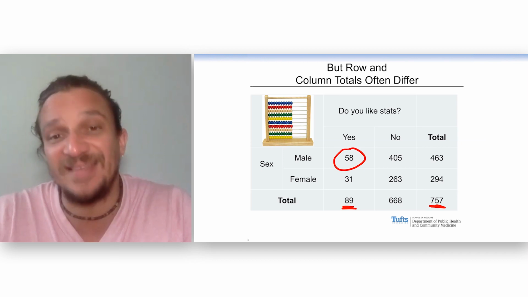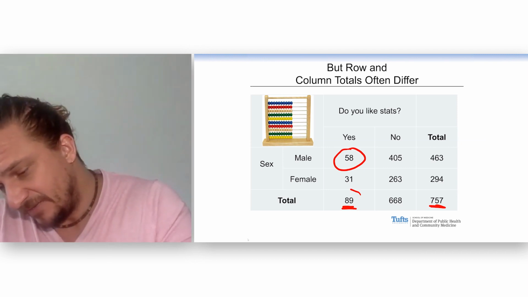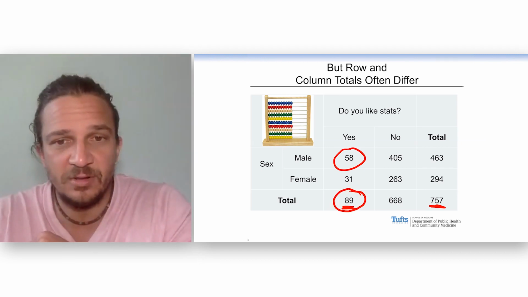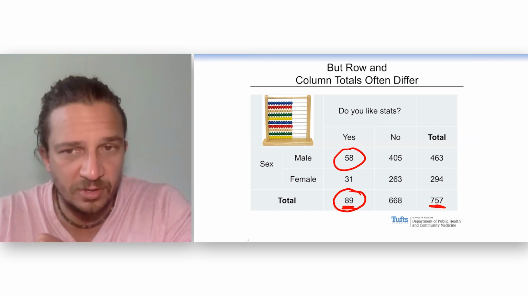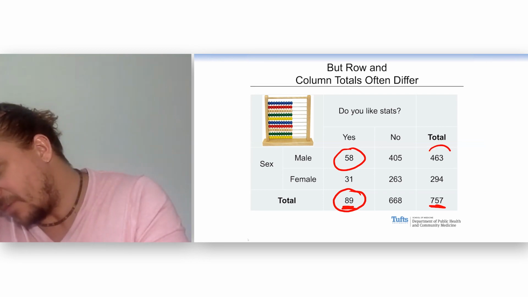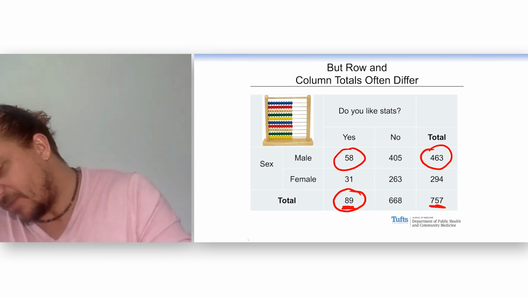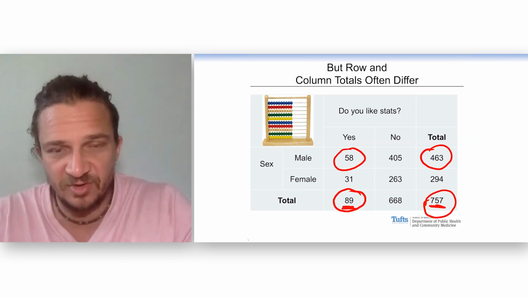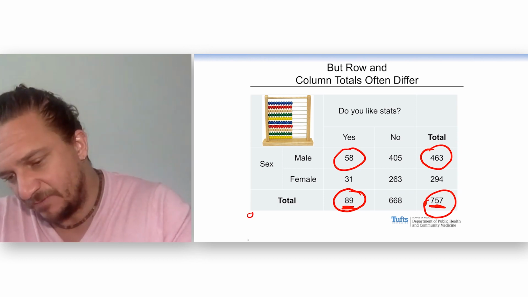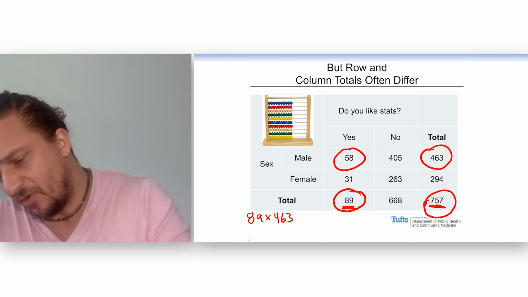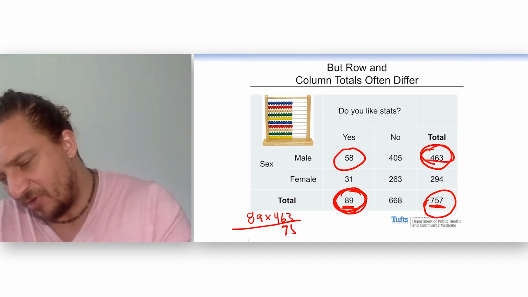The way you can get that is this number here, which is called the column total, multiplied by this number here, which is called the row total, divided by this number here, which is called the grand total. 89 times 463, column total times row total, divided by the grand total.